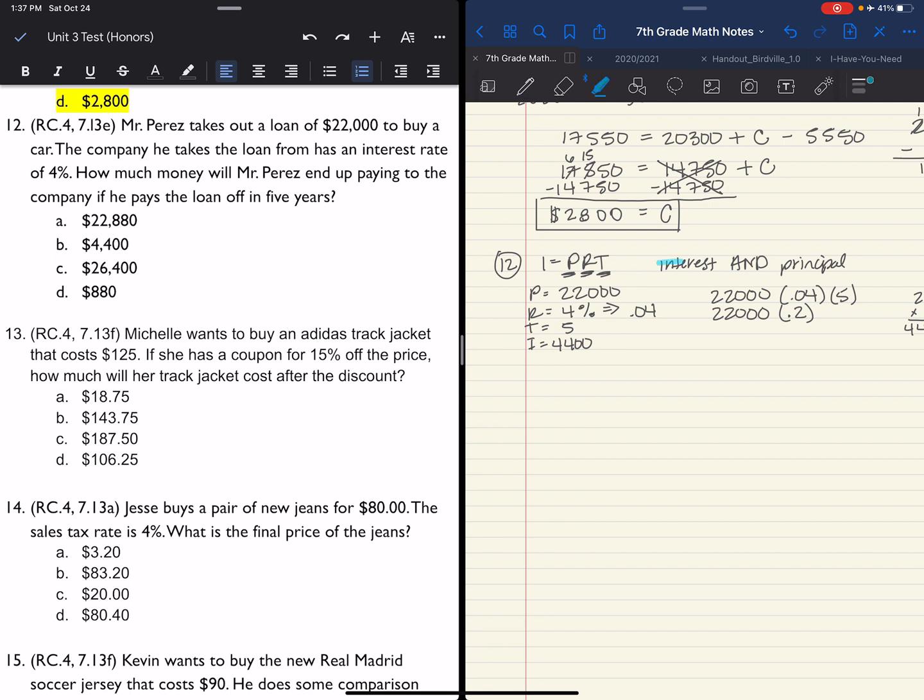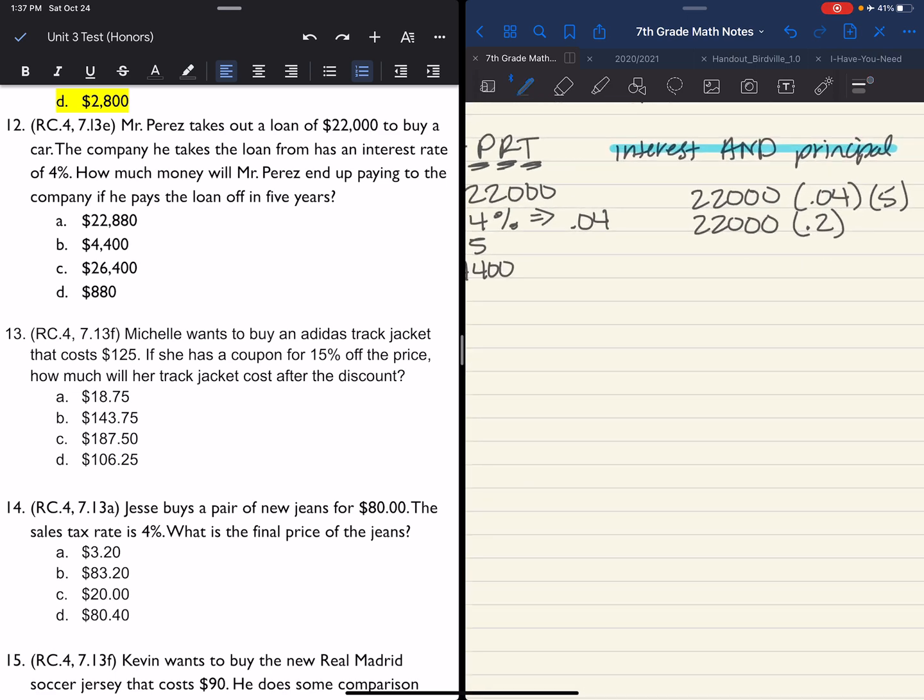Remember right here, we talked about it. We need to add it to our principal because this question is not asking about how much interest he's paying. It's asking about how much money total he'll pay at the end of the 5 years. So let's add it up. 22,000 plus 4,400.